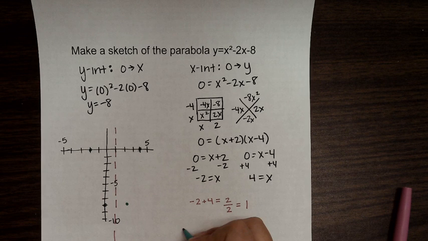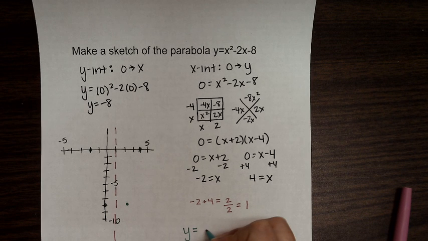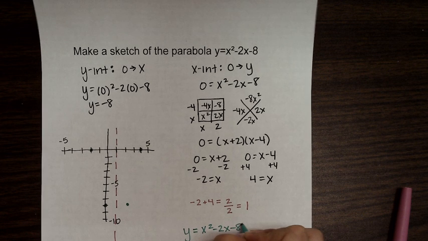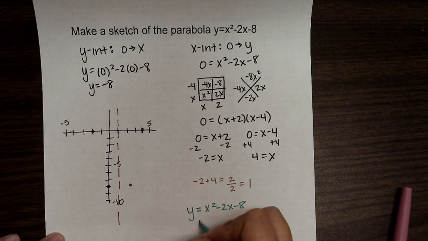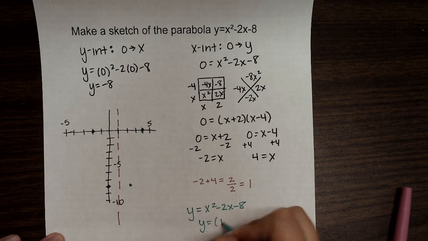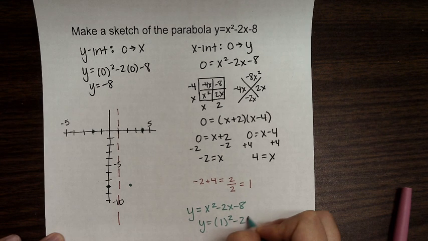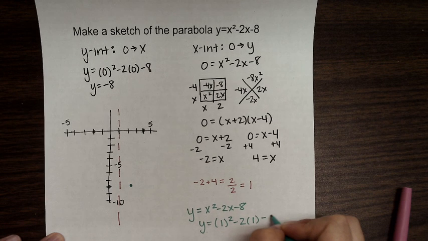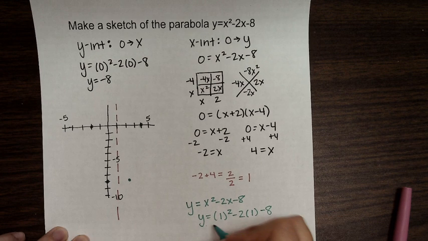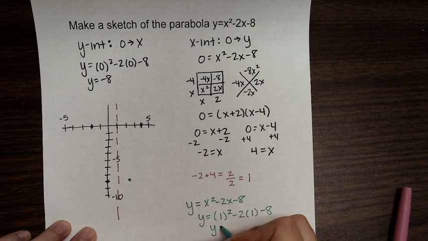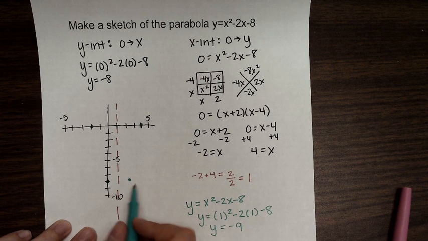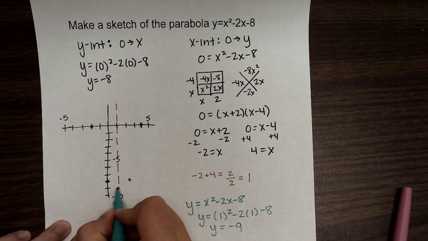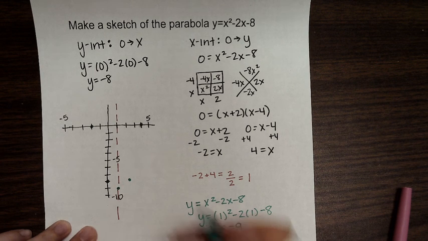So if we take our original equation and substitute in our x where our line of symmetry is, that's going to tell us where on our line of symmetry our point falls. So on our line of symmetry, our point is at -9.